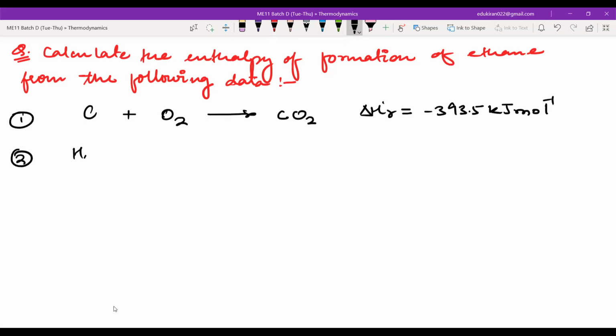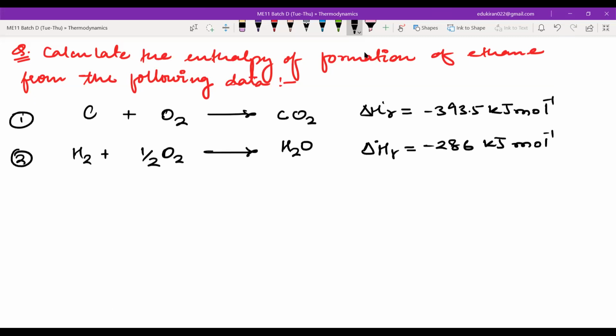Second, you have been given H2 plus half O2 going to give me H2O, and the enthalpy of this reaction is equal to minus 286 kilojoule per mole. The third reaction they have given is the enthalpy of combustion of ethane.